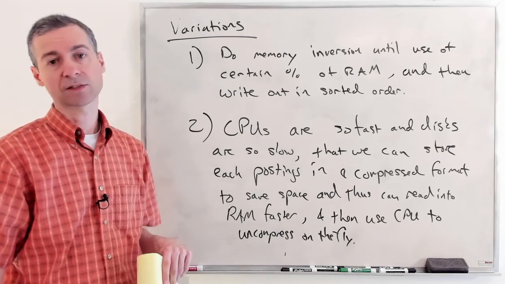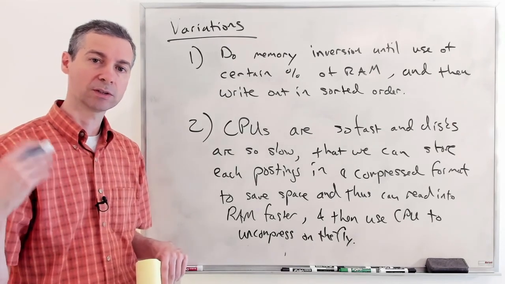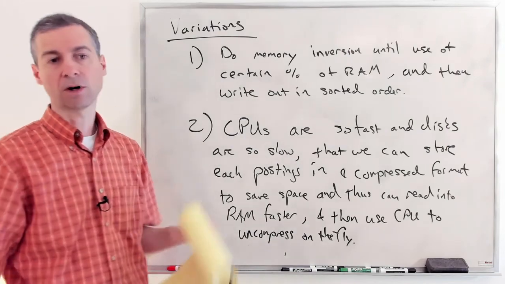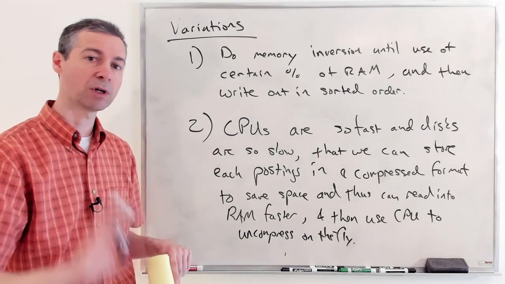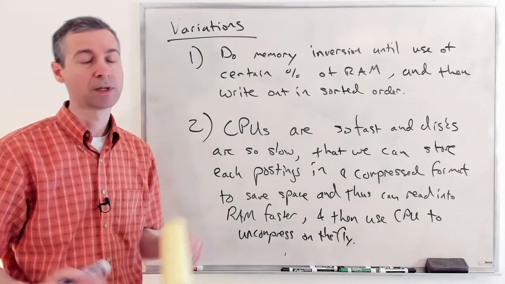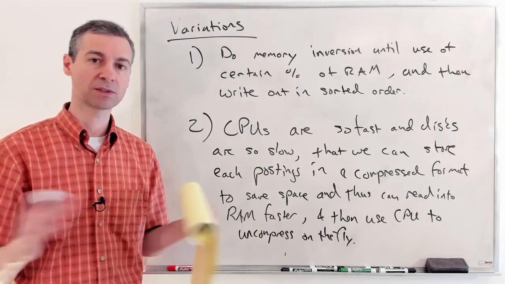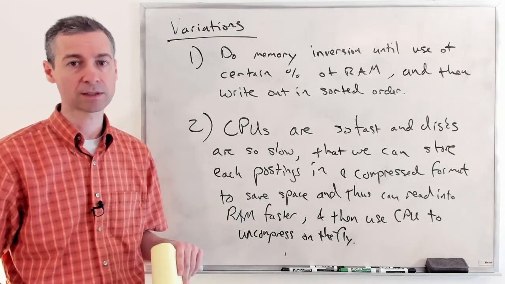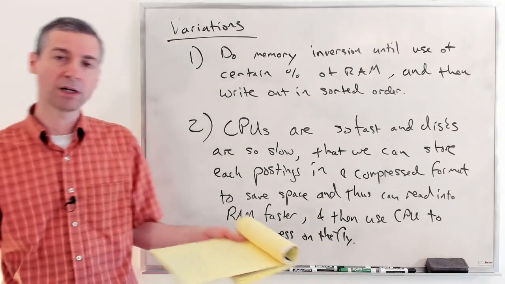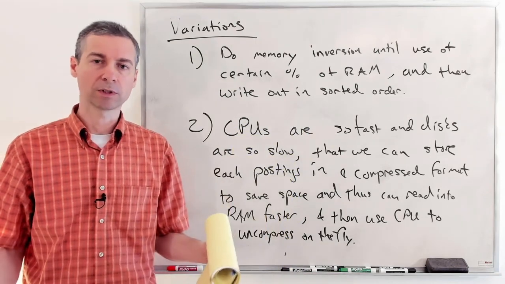The nice thing is there are compression schemes that take advantage of the fact that the document IDs, for example, are in increasing order, and that most of the word counts are small. A book that talks really nicely about it is Managing Gigabytes. Admittedly, we're way beyond managing gigabytes now, but the compression schemes are really well explained in there. It's an excellent textbook. All right, so that gives you a sense of how we do our inversion on the hard drive when we can't do it in RAM.